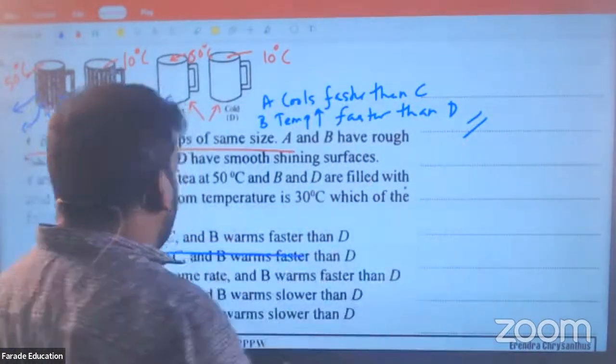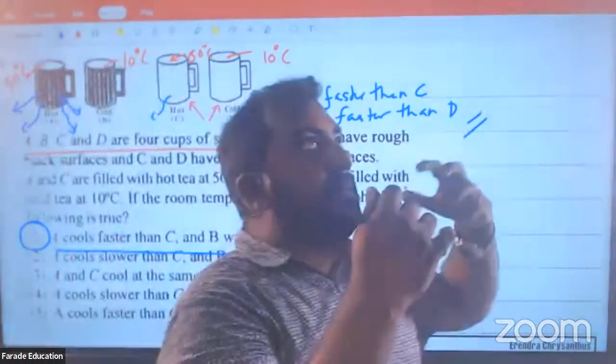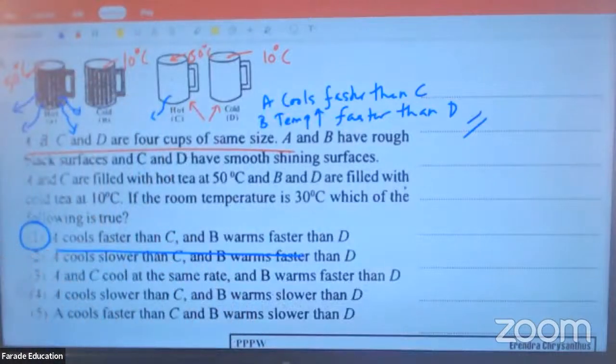So the correct answer is answer number 1. Okay, no? Black surfaces are good radiation absorbers as well as emitters. You can see the way they've asked it. While shiny surfaces are weak radiation absorbers or emitters.